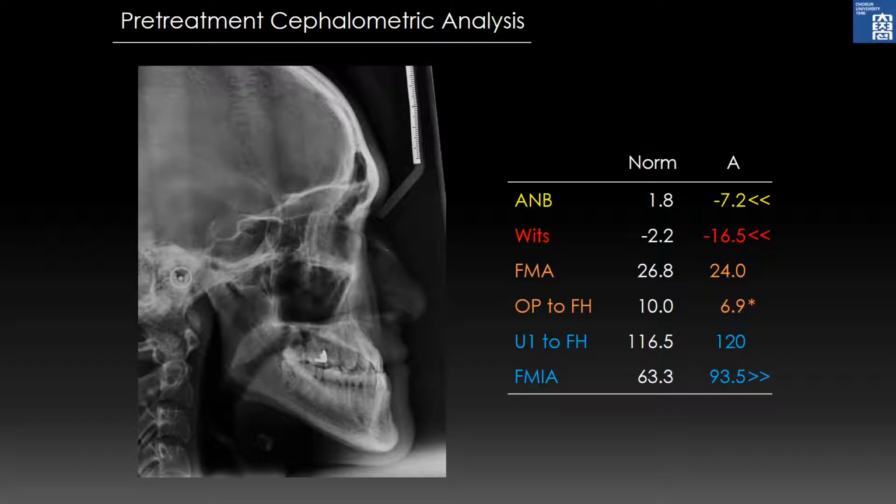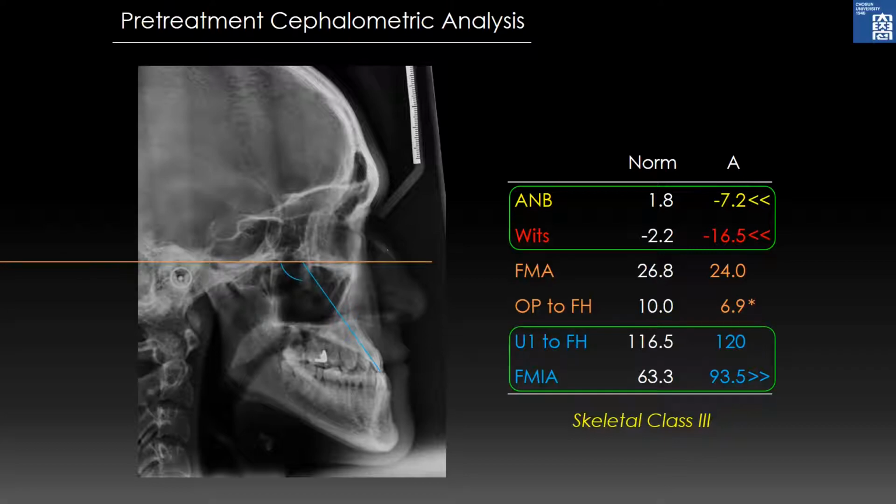Cephalometric analysis showed ANB angle of minus 7.2 degrees with Wits appraisal of minus 16.5 mm. Maxillary incisors were proclined, mandibular incisors were retroclined as an anteroposterior dentoalveolar compensation. Frankfurt mandibular plane angle was 24 degrees.